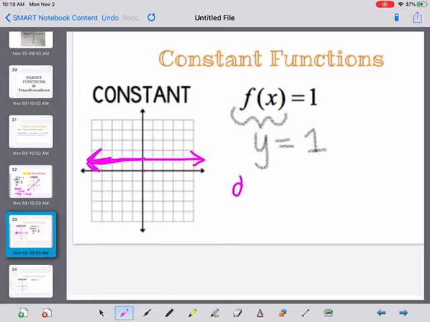So what is my domain here? Anybody? Negative infinity to positive infinity. And what is my range?